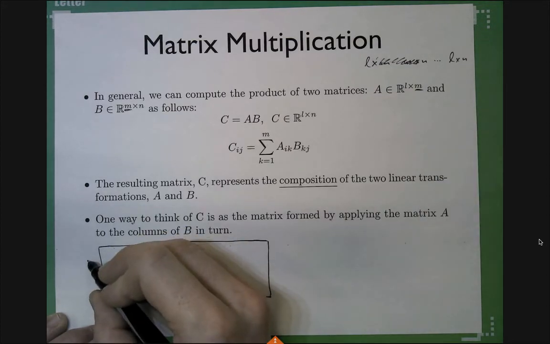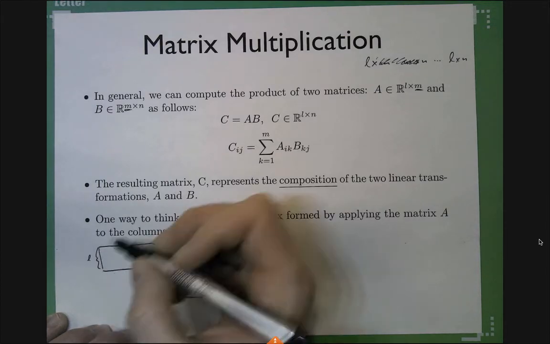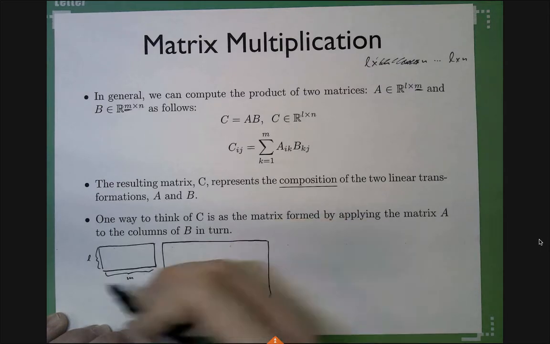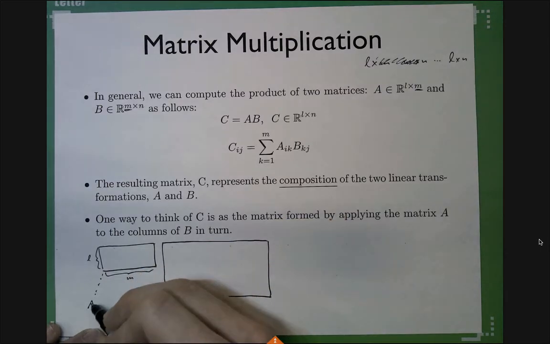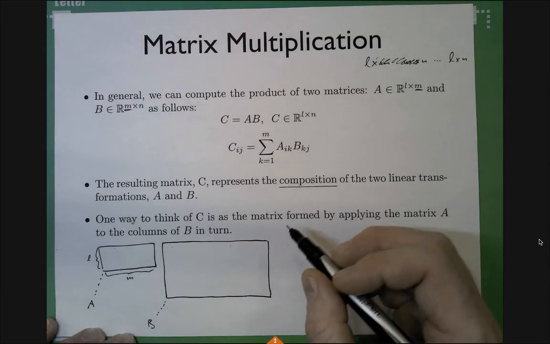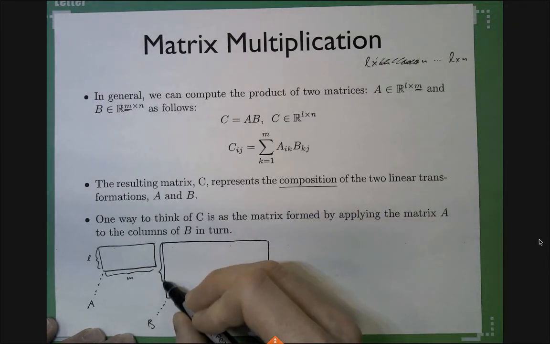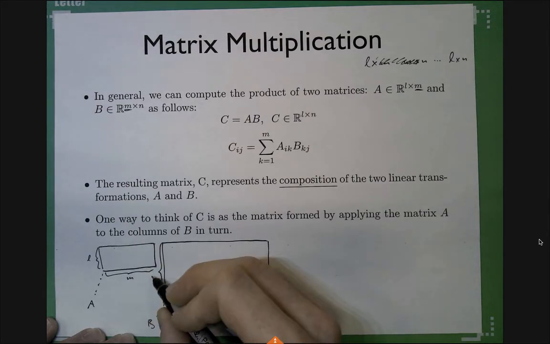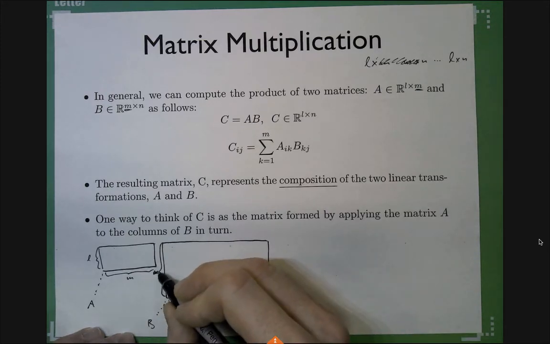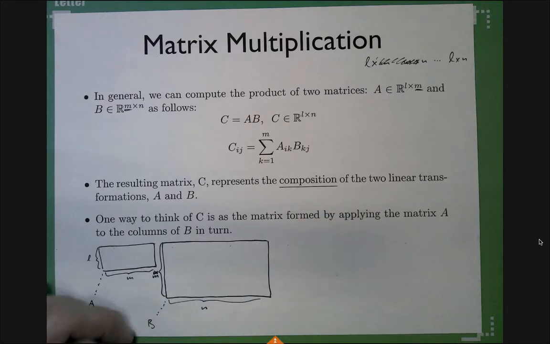So the L is the number of rows of A. M is the number of columns of A. So this is my matrix A. This is my matrix B. So the important thing is that the number of rows of B is also M. The number of columns of B is N. Sorry, this is M. Not my best M. It's sort of readable.